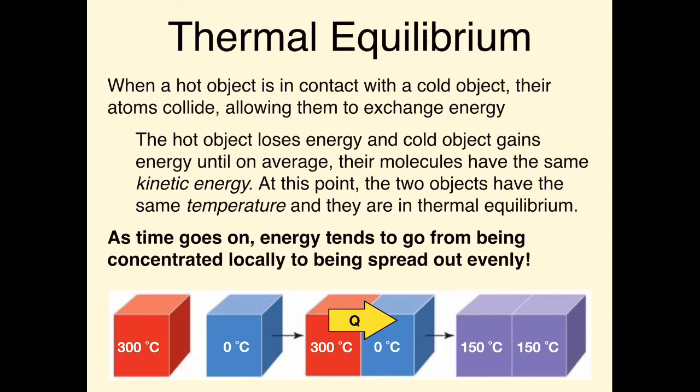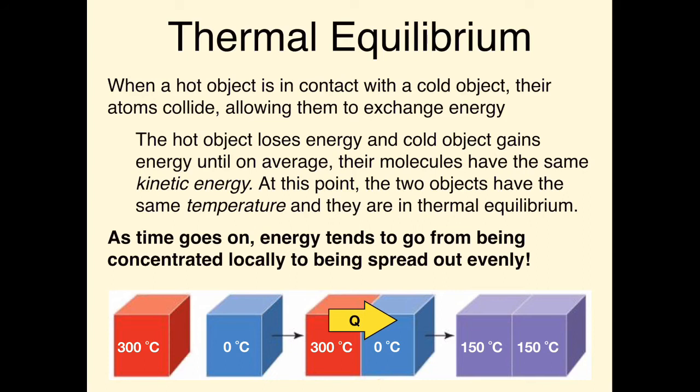Okay, so we want to understand a little bit, why does that happen? Why is it that heat flows from hot to cold and not the other way? And then eventually heat stops flowing and you reach equilibrium. Well, if we think about what's happening when you put a hot object in contact with a cold object, remember that the atoms and molecules that make up each object are jiggling around.